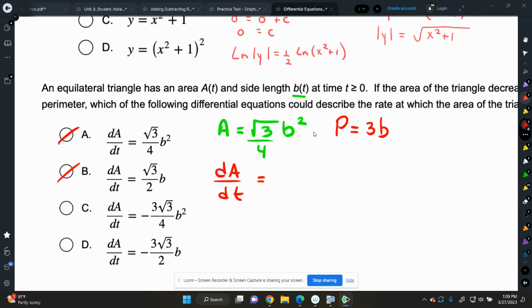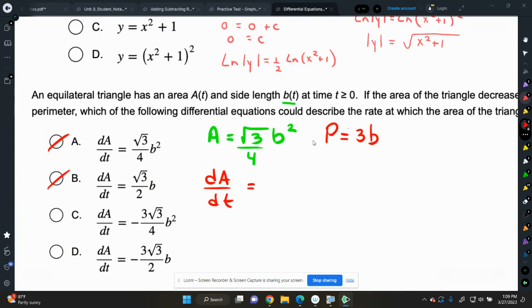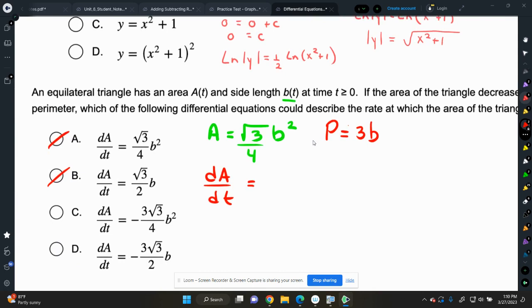If the area is decreasing at a rate proportional to its perimeter, then it's going to be k times its perimeter.